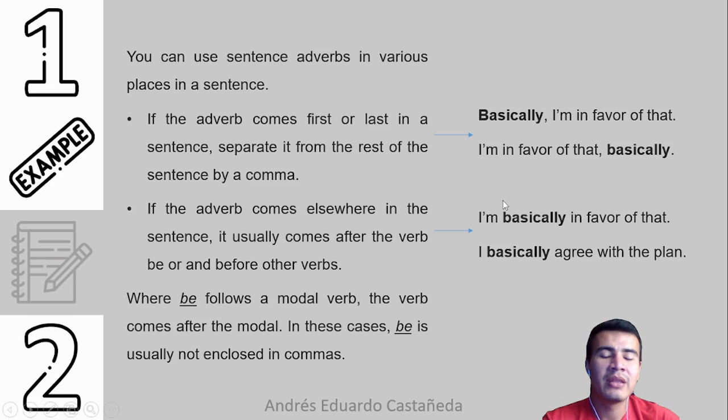For example, with the verb be, we have "I'm basically in favor of that," but with another verb, we have "I basically agree with it." But where be follows a modal verb, the adverb comes after the modal. In these cases, the adverb is usually not enclosed in commas.